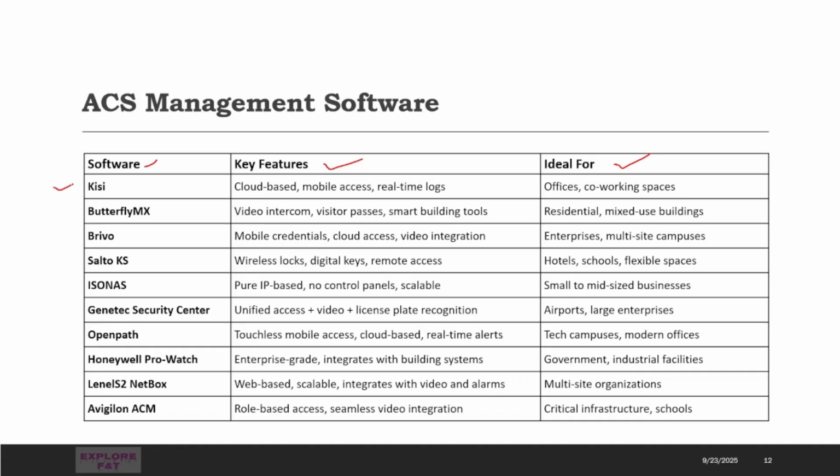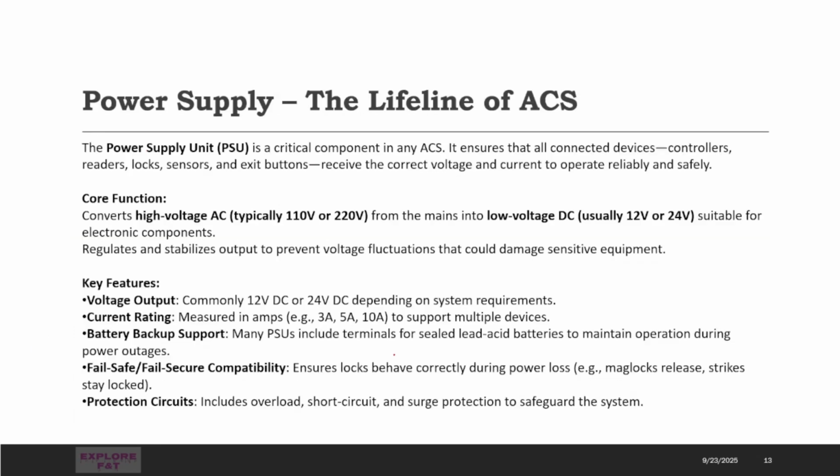This is Kisi, mobile based credential, cloud based, mobile access, real time log. And there are Butterfly, Brivo, Salto, Iseonas, Genetec Security Center, OpenPath, Honeywell Pro-Watch, Lenel, and Avigilon. If you want to go inside we'll discuss it later. We'll move on to the next slide.